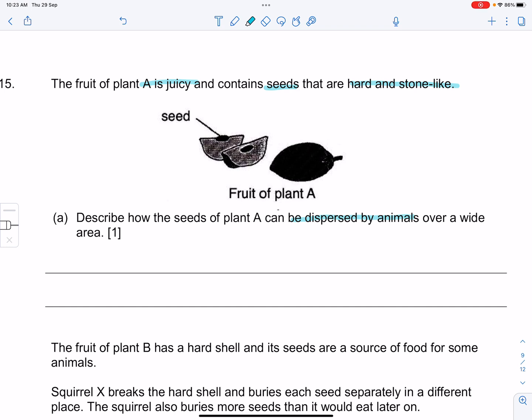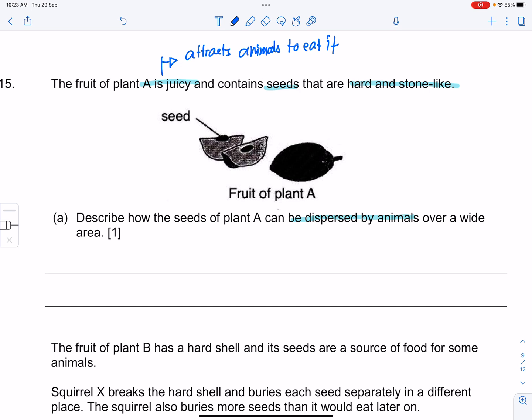When looking at questions like this, you need to ask yourself, the tips that are given, so I know that it's juicy. Juicy means it attracts animals to eat it. Okay, animals to eat it, that's no issue.